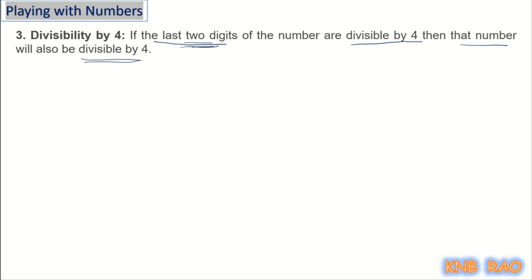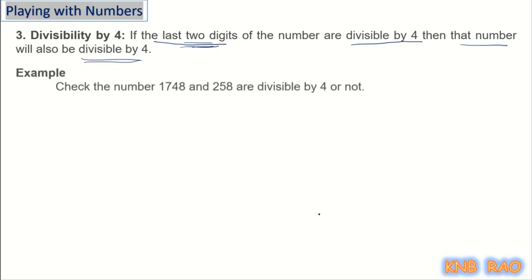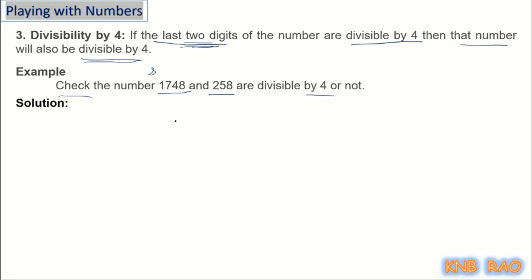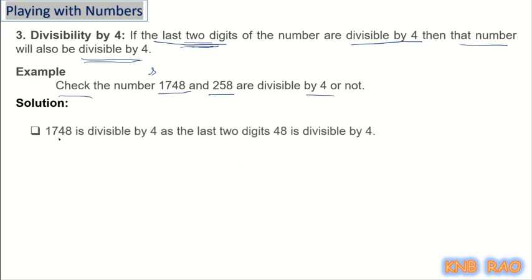Now, let us check. Here I am giving 1748 and 258, two different numbers, to check whether they are divisible by 4 or not. Coming to the first one, 1748, its last two digits 48 are divisible by 4, which means 1748 is divisible by 4.